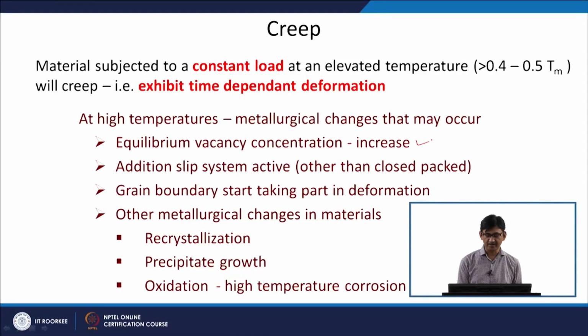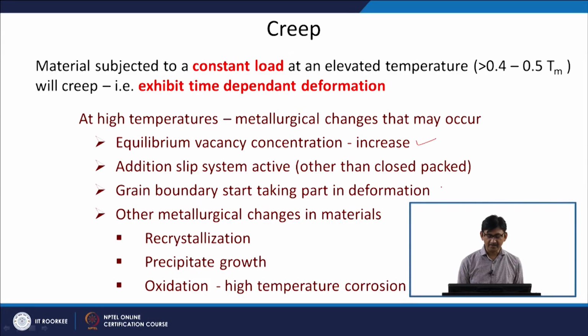At high temperature, other metallurgical changes usually occur. We already know that equilibrium vacancy concentration will increase as a function of temperature. Some additional slip systems become active. This we have not discussed, but usually we say that the close packed planes and close packed directions are the preferred slip system for deformation. But at high temperature, additional slip systems can be active.